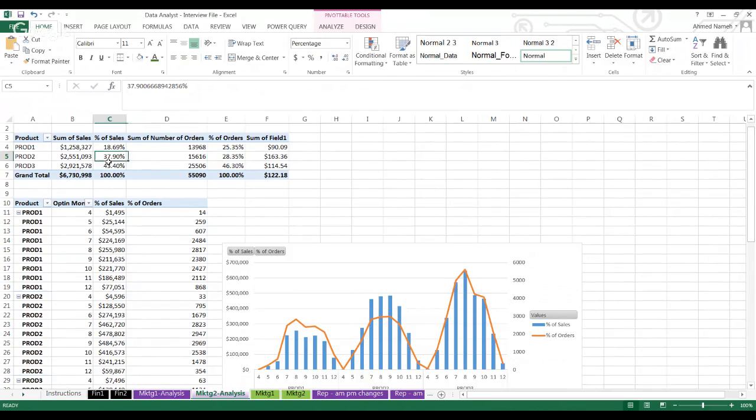A product that's bringing you almost 40% of the sales as a result of less than 30% of the orders is a lot more efficient than a product that brings in 18, 19% of the sales as a result of 25% of the orders.